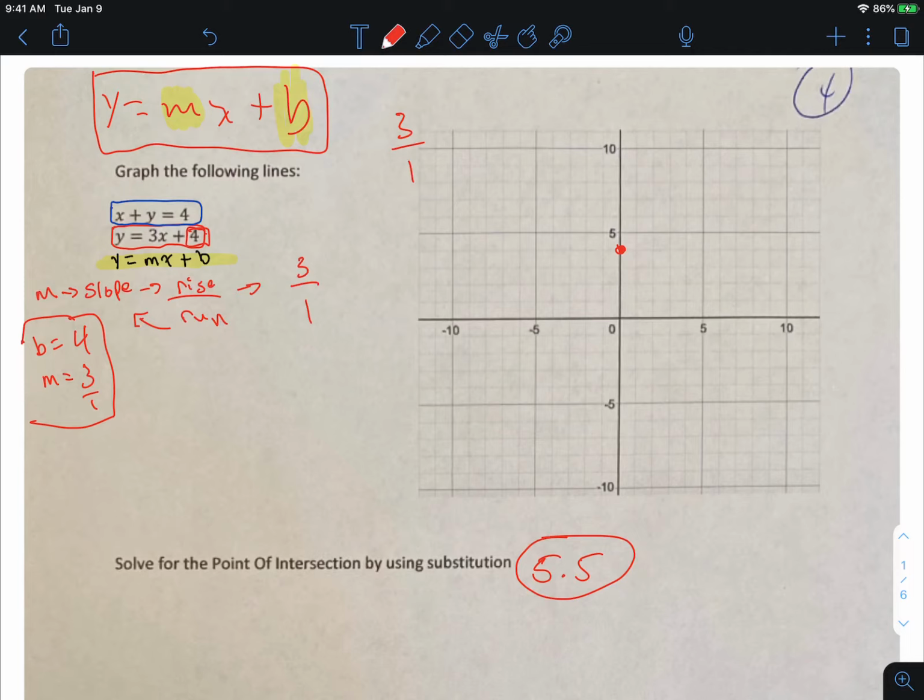Now remember input versus output. You could plug in any value of x along here and it would tell you what the y is.